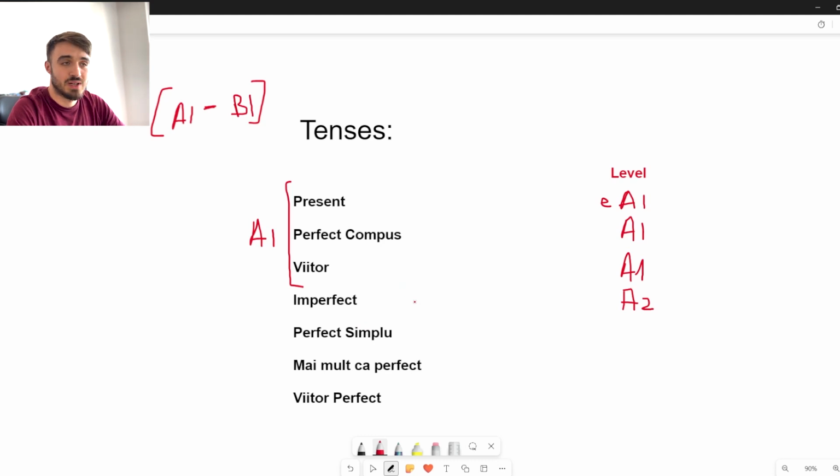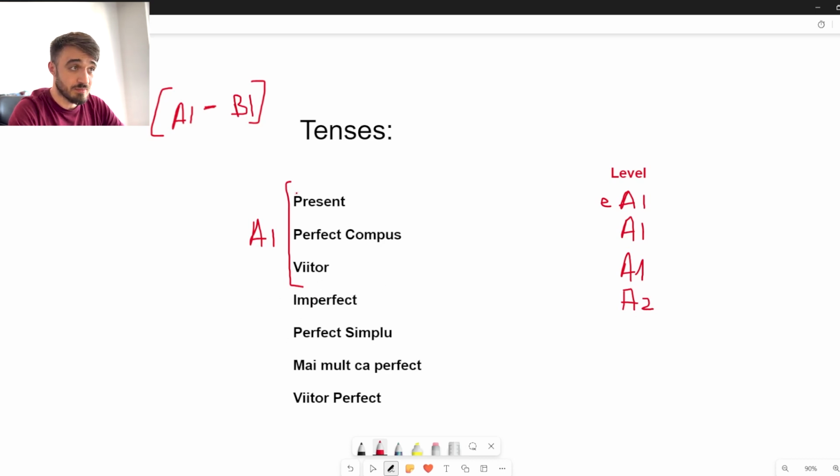There's also a set phrase, which is obișnuiam să. This is a set phrase, but it's still in imperfect. This obișnuiam is still in imperfect, and you might wonder why the am is at the end when you know the perfect compus has it at the beginning. Well, we will learn about the imperfect in a future video. At the moment, what you need to know is that you should really learn the A2 imperfect.